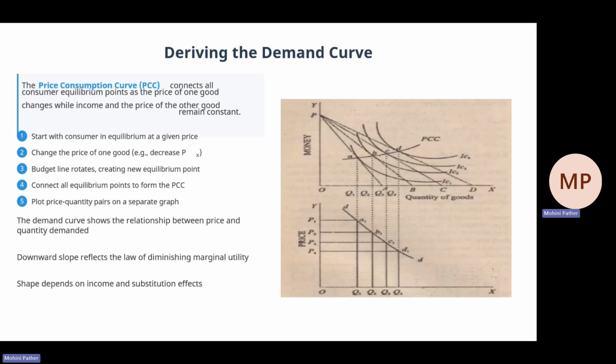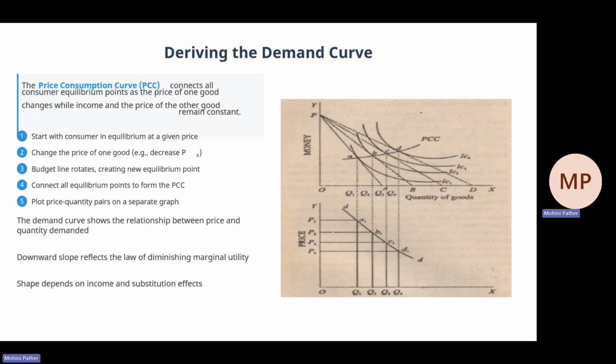So it considers both your budget as well as your indifference curve, which is showing both your substitution and your income effect. So your PCC connects all your consumer equilibrium points as the price of one good changes while income and price of the other goods remain constant.